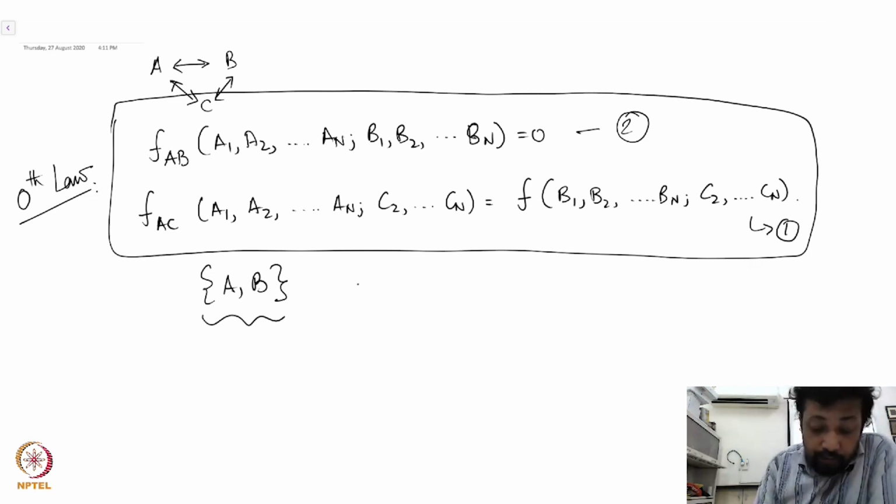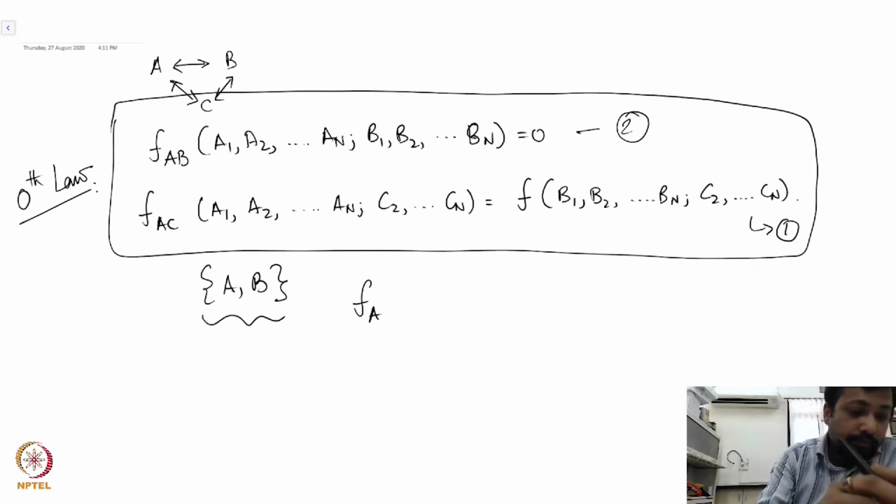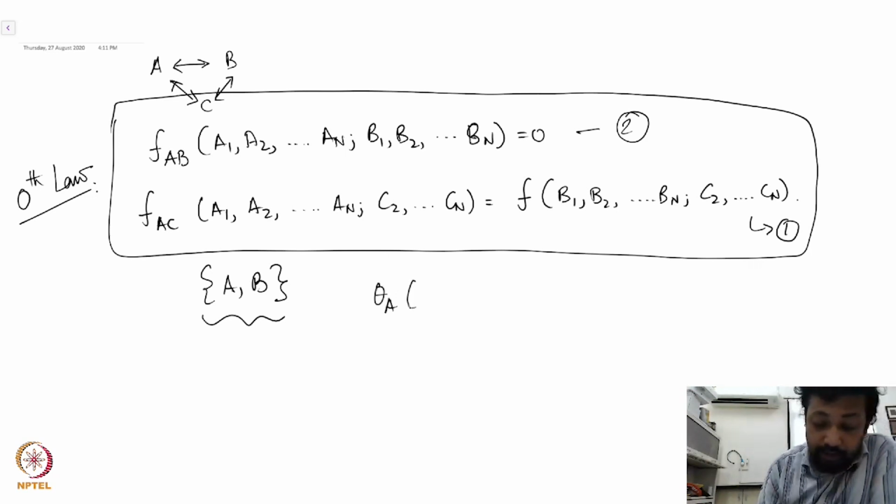Hence, you conclude that the equilibrium, the zeroth law, these two equations together must tell you that there must be an equation.